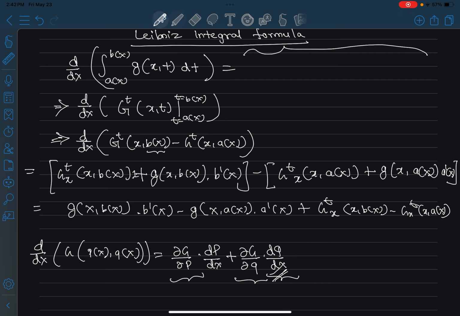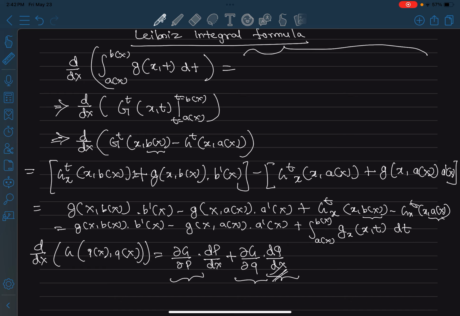Because these two are the limits where t goes from, you can write this as the integral from a of x to b of x of the derivative of g with respect to x of x comma t, right? That makes sense because you just get the same expression if you integrate this expression.